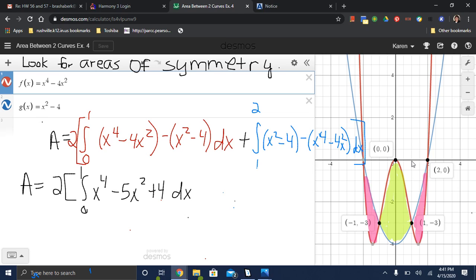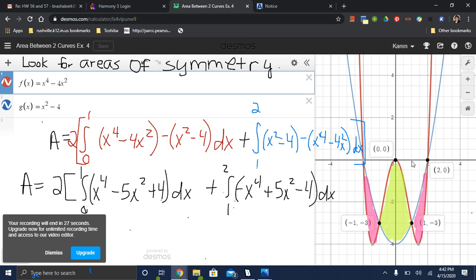We'll have to add to that our integral from 1 to 2. And when we do this combination, then we'll have negative x to the 4th. We'll have positive 5x to the 2nd, and then minus 4 dx.